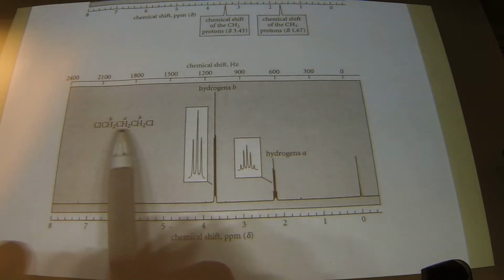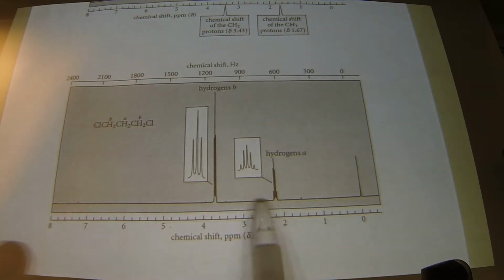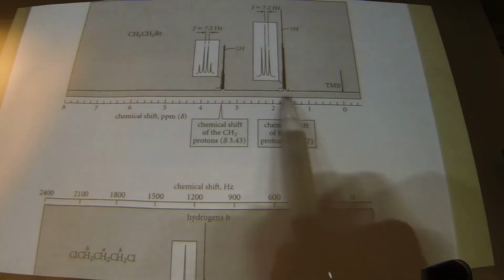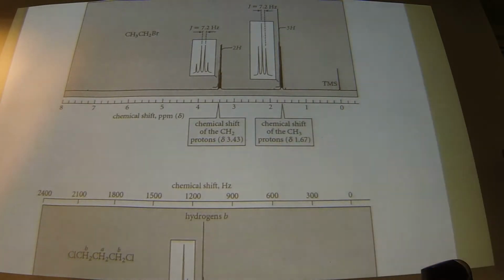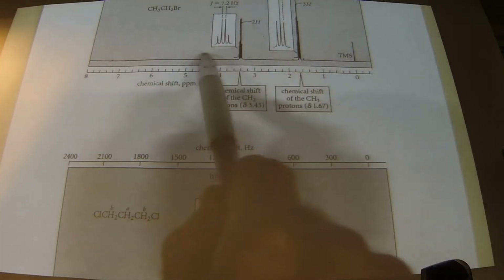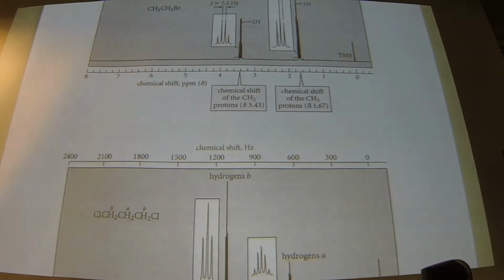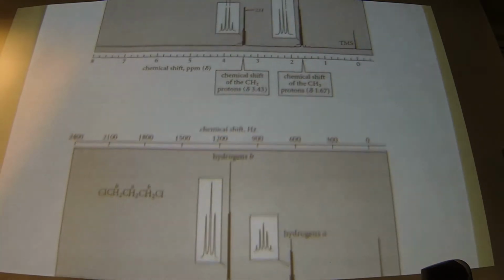The CH2 in the middle, on the other hand, doesn't have that problem, so it's shielded. Of course, you'll notice that it's now past 2 ppm, which means it's de-shielded relative to the methyl. If you look at your tables, you know that, as I said in class, it goes from CH3 to CH2 to CH in the spectrum. So CH3, CH2, CH, they get deshielded. So this is all, chemical shift is good.